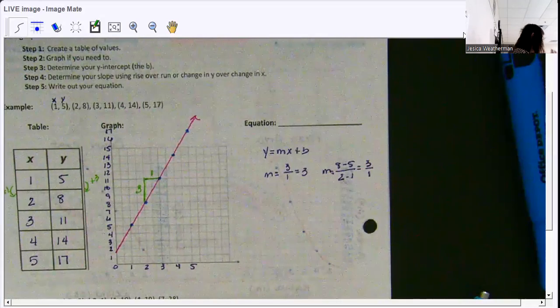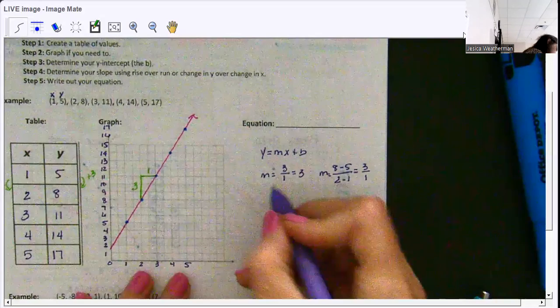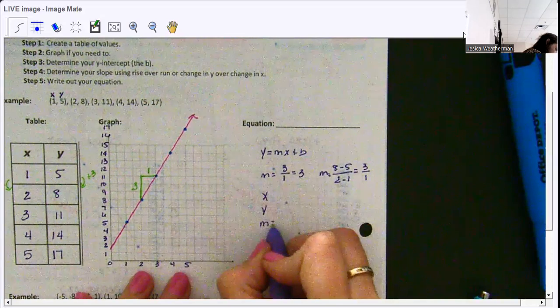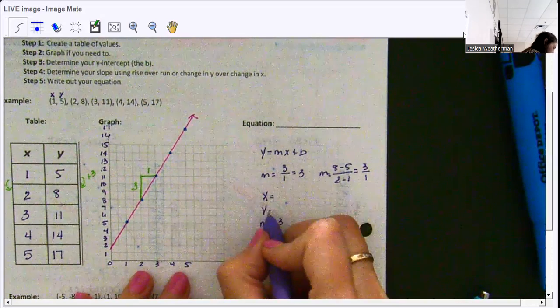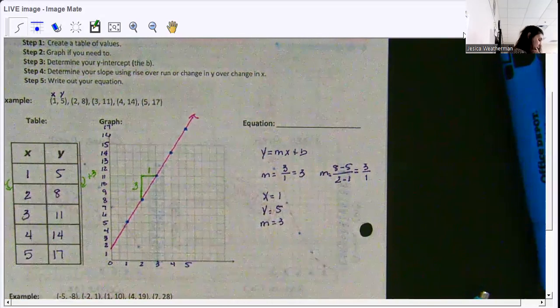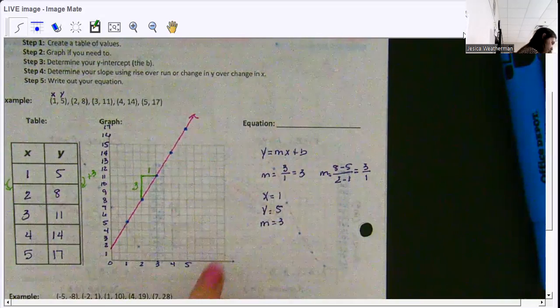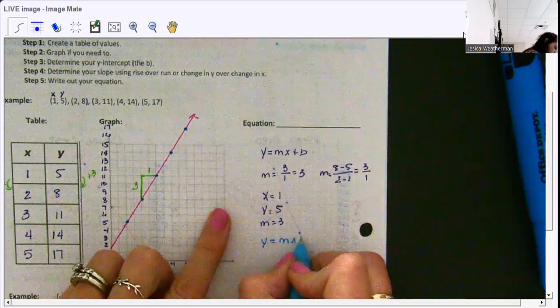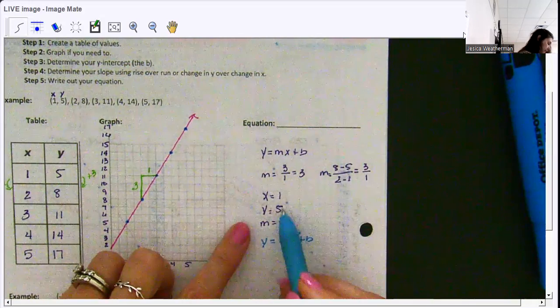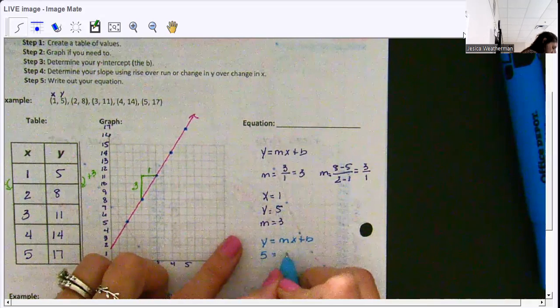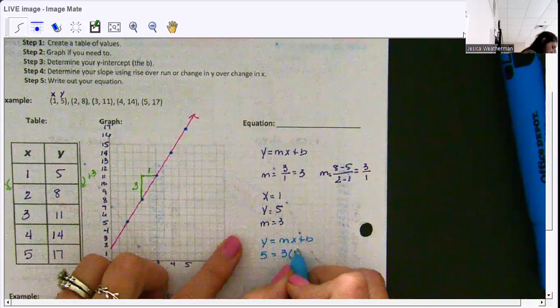Now what I'm going to do is choose an x value and a y value, and I already know my slope is 3. So my x value is going to be 1, my y value is going to be 5. Now I'm going to use my equation, y equals mx plus b, and plug in my slope, my x and my y. So my y is 5, my slope is 3, my x is 1.